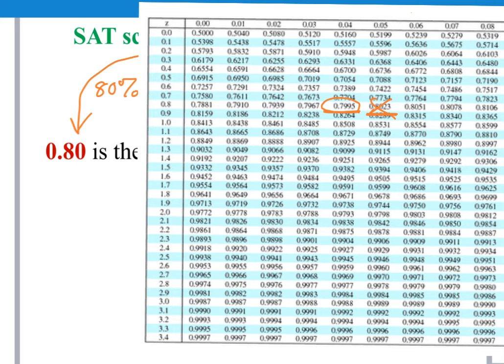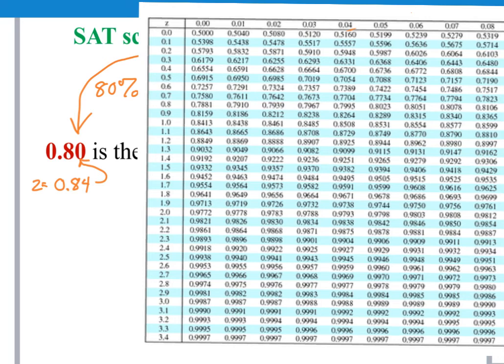So that's about as close as I can get to that 0.80. So now what I have to do is read the z-score. Oh, that's interesting. It's 0.8, and the other part of the z-score is the 4. So that is the z-score that corresponds to that percentile.